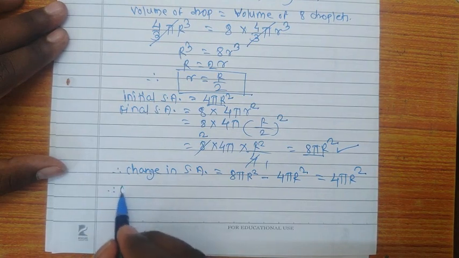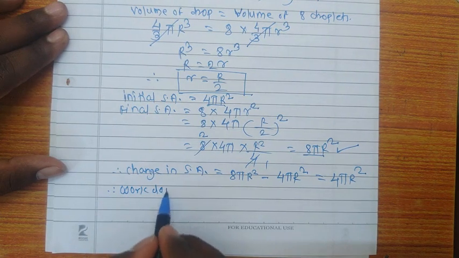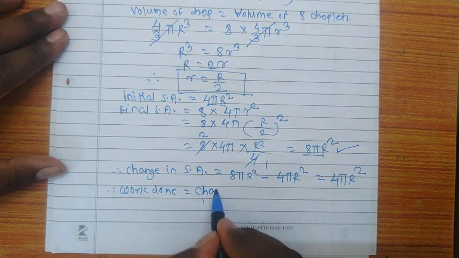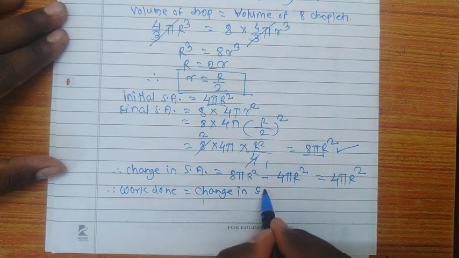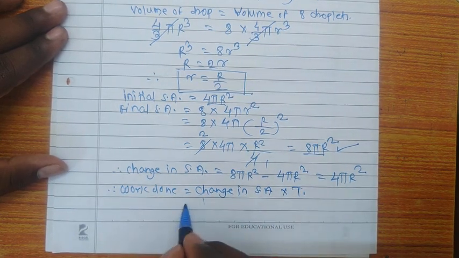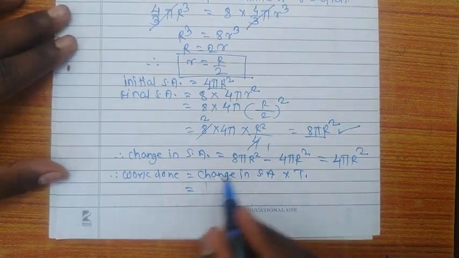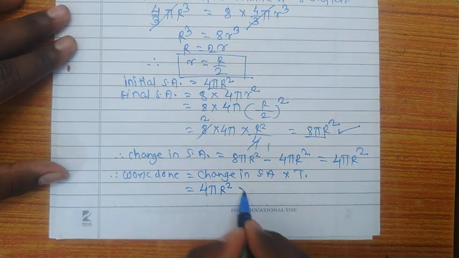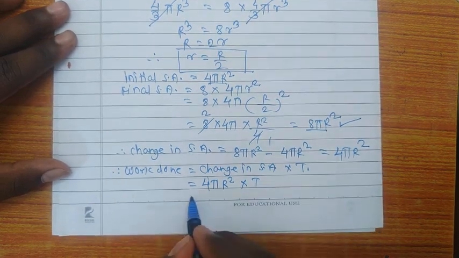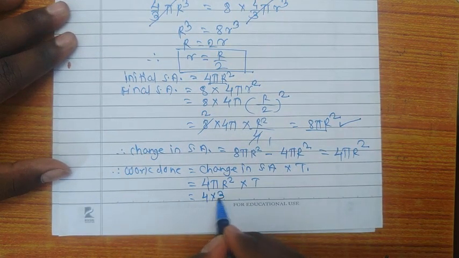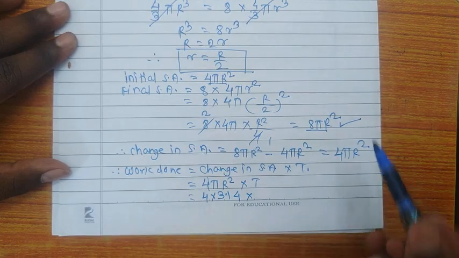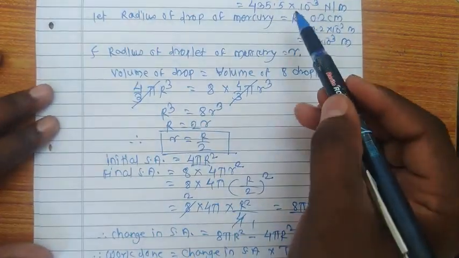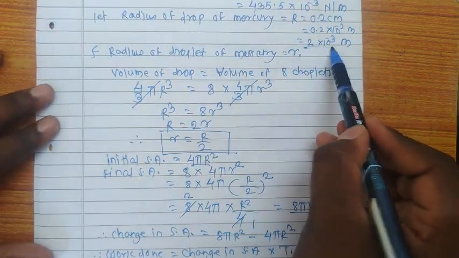So therefore, work done is equal to change in surface area multiplied by surface tension, which will be equal to, what is the change in surface area? 4 pi R square into surface tension, which will be equal to 4 into 3.14. What is the value of capital R? Value of capital R is 2 into 10 raised to minus 3.